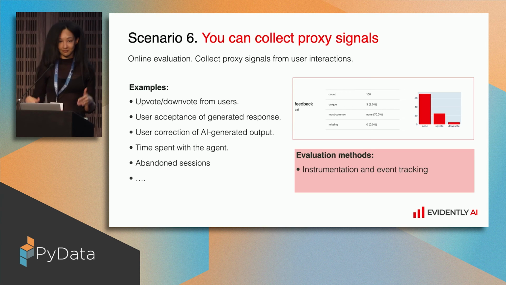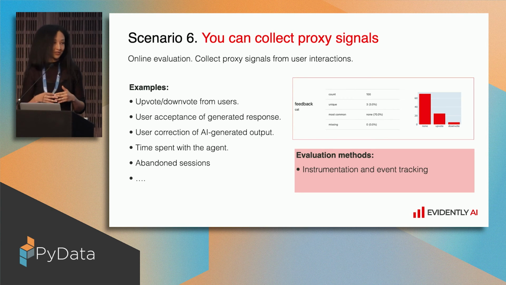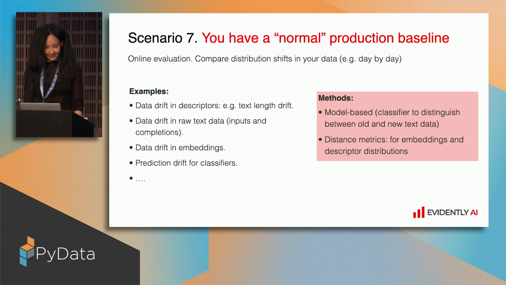Not really fancy, but why not, right? And also there are quite a lot of proxy metrics like session length, the share of abandoned sessions, or time spent with the agent. So it's also a good metric, especially for product and business analysts who are responsible for increasing the quality of your application.